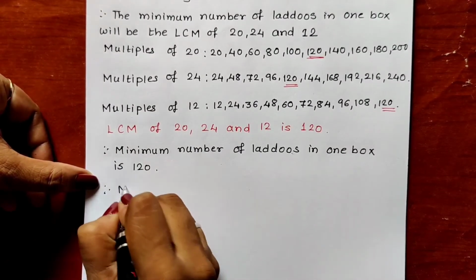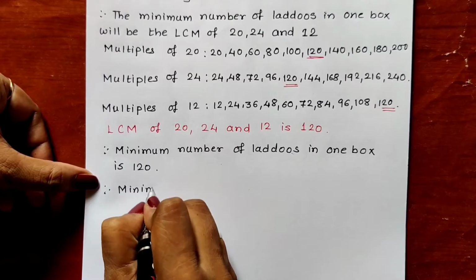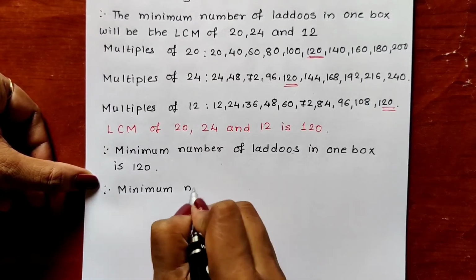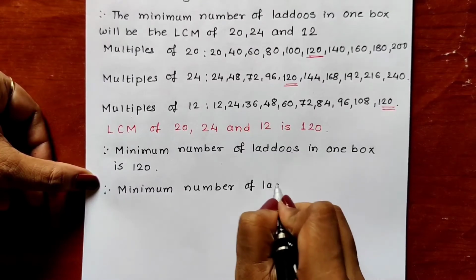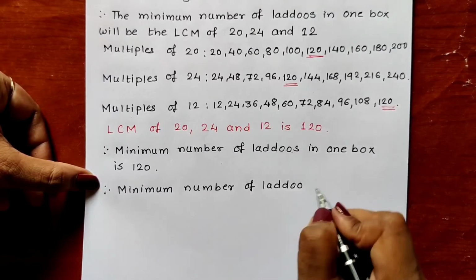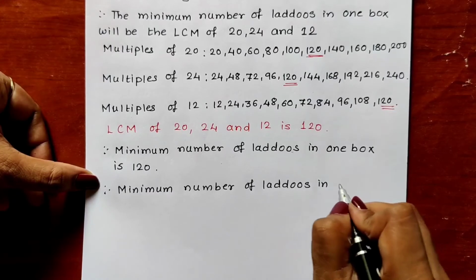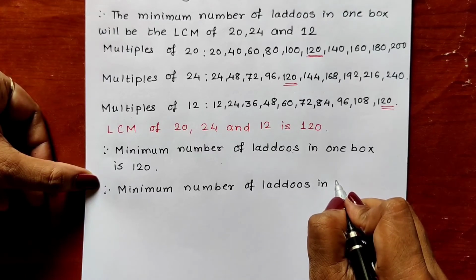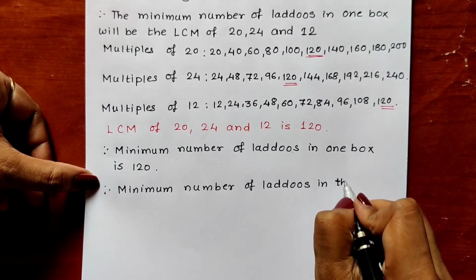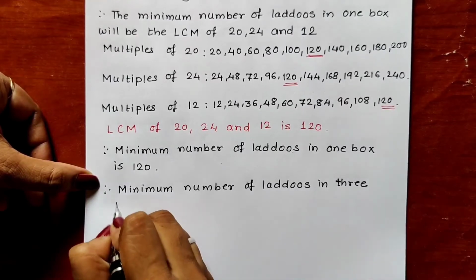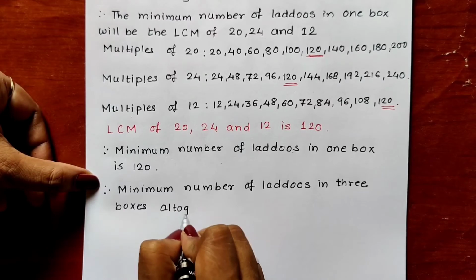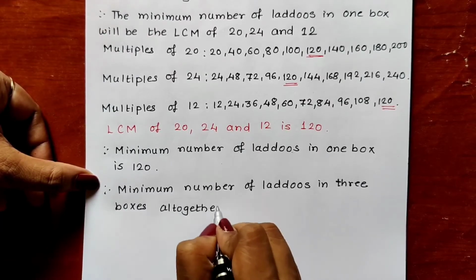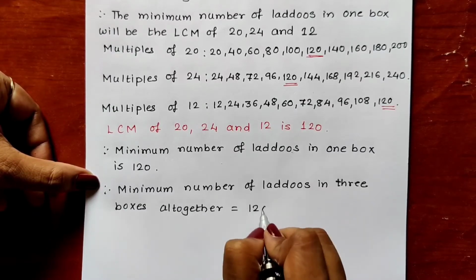Therefore, the minimum number of laddus in 3 boxes all together will be equal to 120 into 3.